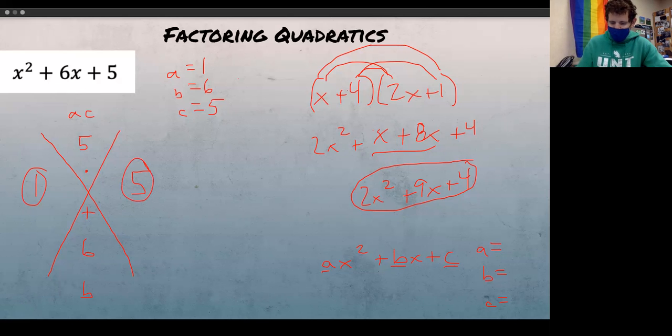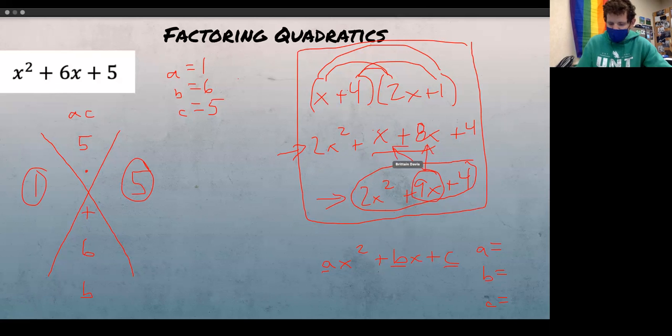So going back to this problem right here by way of analogy, we started with this quadratic. And the next step is to turn it into a quadratic that looks like this. So what we're essentially doing is taking this b term in the middle and we're going to split it into two different terms. And that's what we just found.